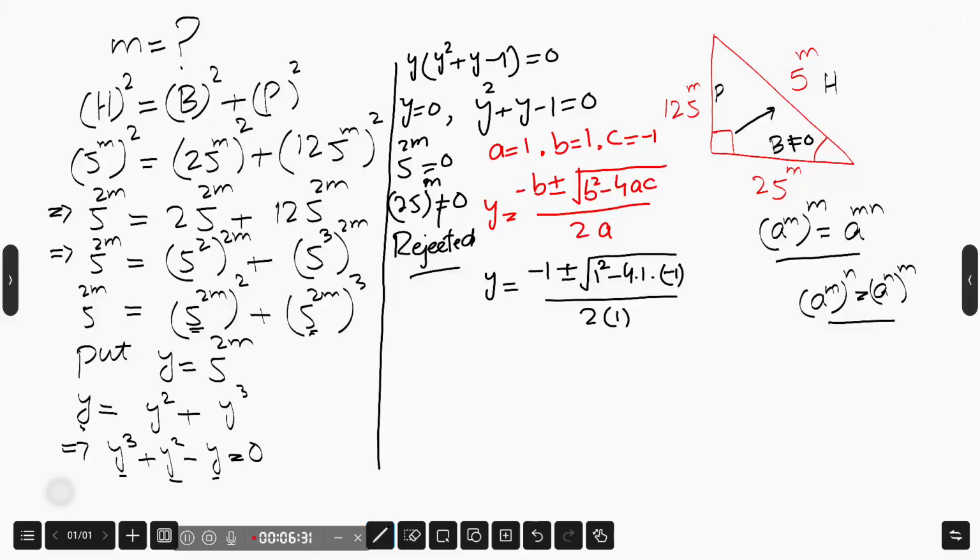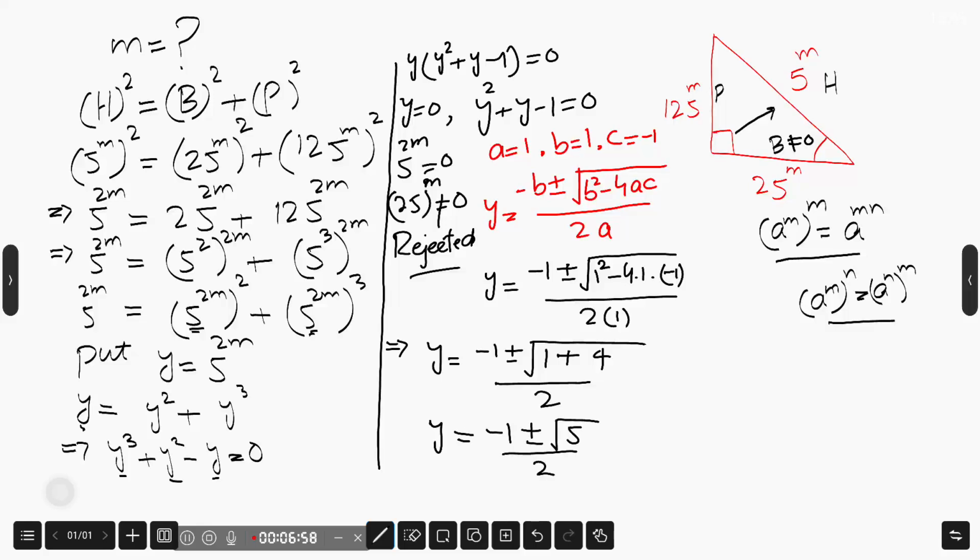So here we need some simplifications, and we write y equals -1 plus minus. 1 square equals 1, and minus times minus becomes plus, 4 times 1 becomes 4, and it is divided by 2. So here we write it as -1 plus minus square root of 5, divided by 2.